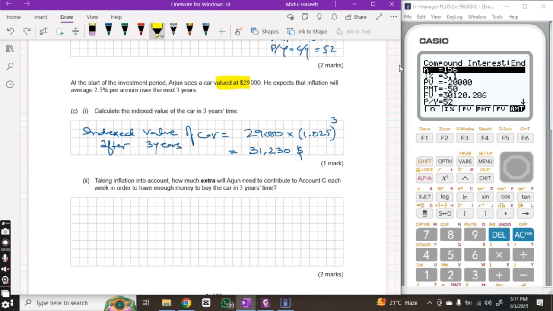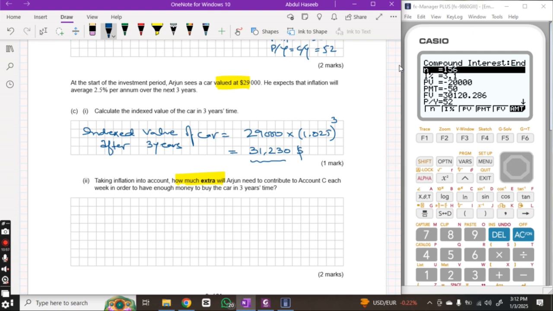All right, moving on to subpart 2 of part C. Taking inflation into account, how much extra will Arjun need to contribute to account C each week in order to have enough money to buy the car in 3 years' time? Now, since Arjun knows that he should be saving for $31,230, we need to find out how much extra he will need to contribute each week.